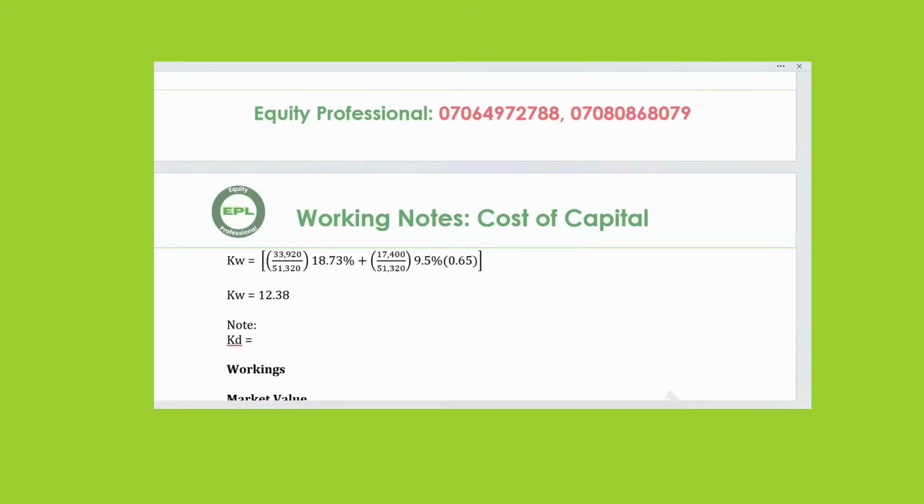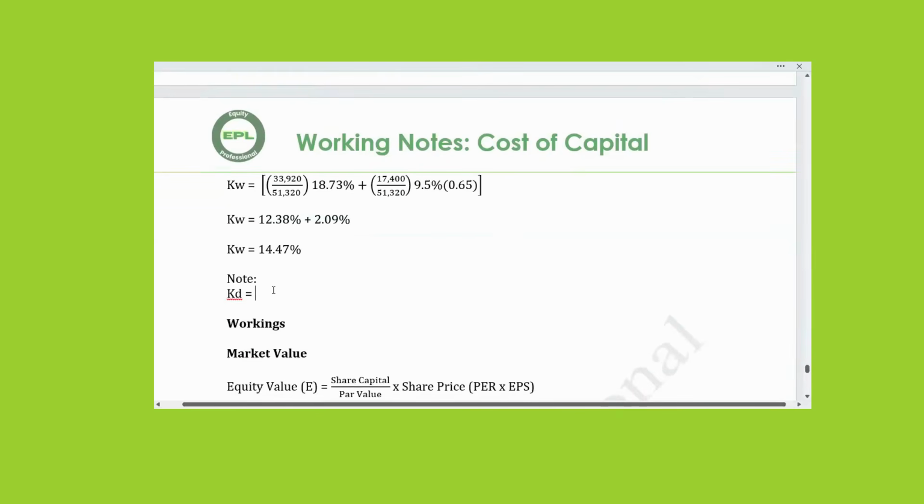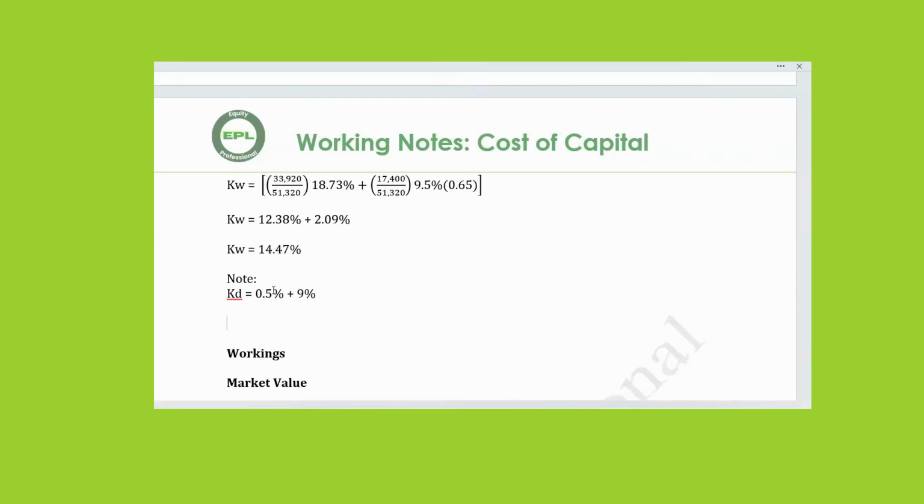That means from the right is 2.09. So when you add the two together, our WACC will then become 14.47%. That's it. Note, our KD, we are told that corporate debt is available at 0.5% above the threshold bill rate, that is 0.5 plus 9%. So that's how we got the 9.5% cost of debt.